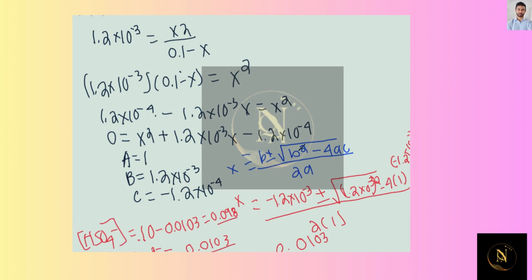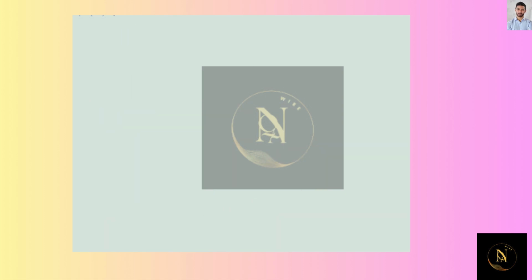Now that we have that concentration, we're going to find the total ionic concentration. To do that, we just add up the concentrations of all of our ions: the Na plus ion, plus our HSO4 minus ion, plus the H plus ion, and the SO4 2 minus ion. We know that Na plus is 0.1 because that was its original concentration.